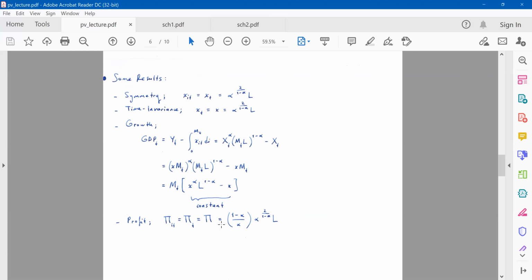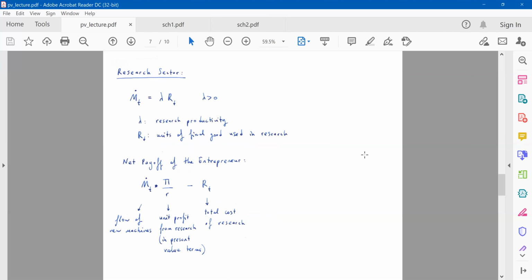So the profit level of machine producers in the intermediate goods sector is also proportional to labor. Right? So if their customers are getting larger and larger, that's good for the machine producers. Okay, so sectors are connected in that particular way.